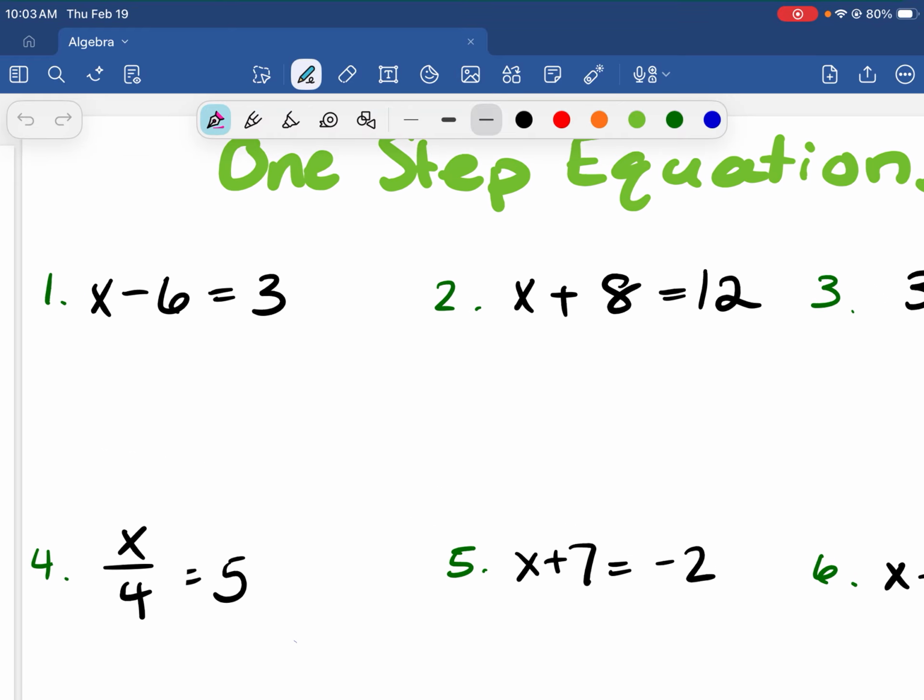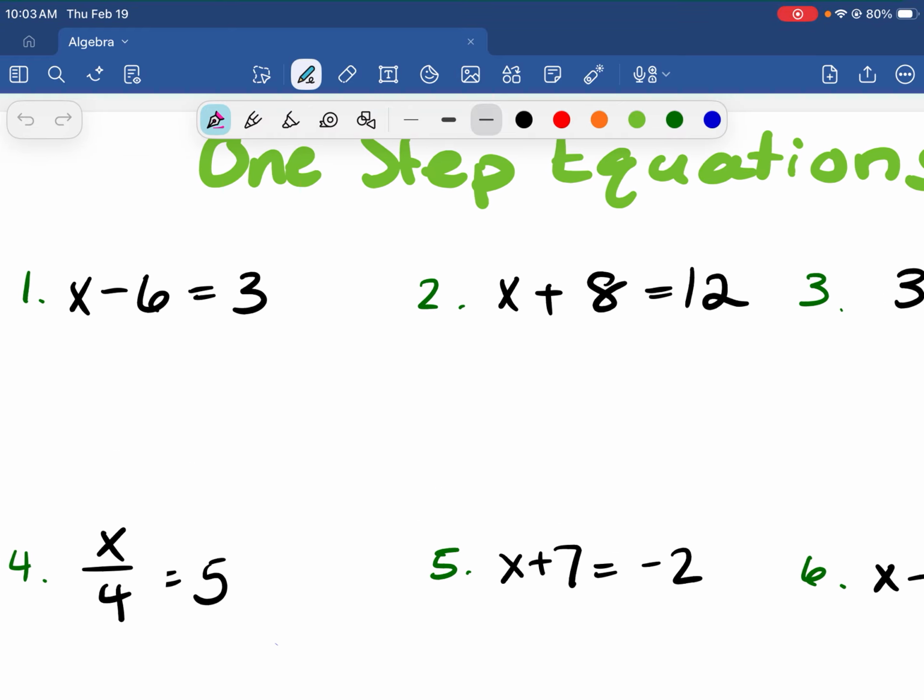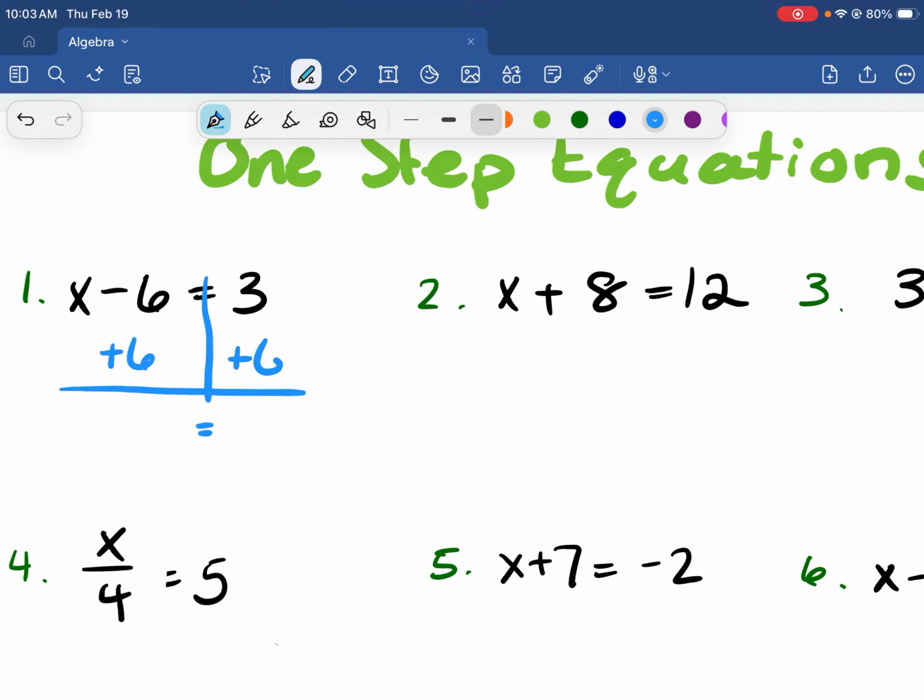So for the first one here, number 1, x minus 6 is equal to 3. To get x by itself, to isolate x, we want to get rid of that minus 6. And to do that, we're going to do the opposite of minus 6, which is plus 6. Now, whatever I do to one side of my equal sign, I need to do to the other for the math equation to stay balanced and valid.